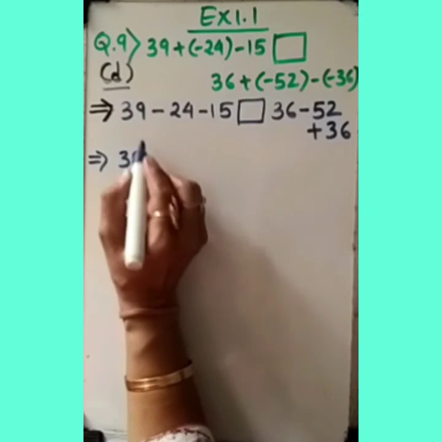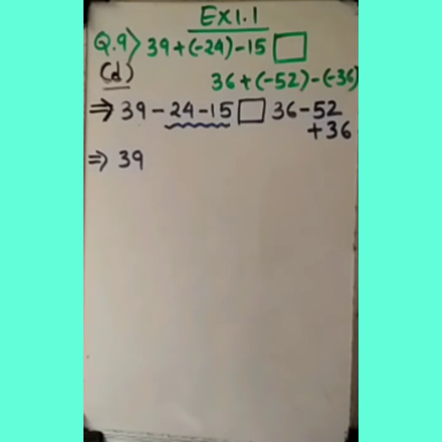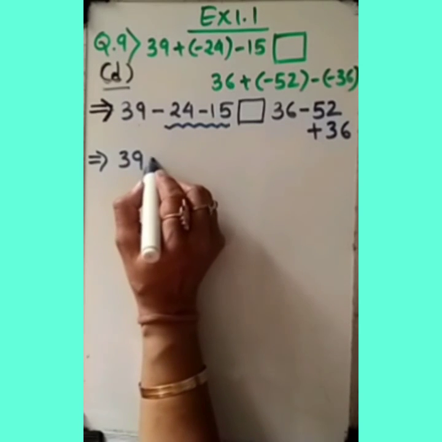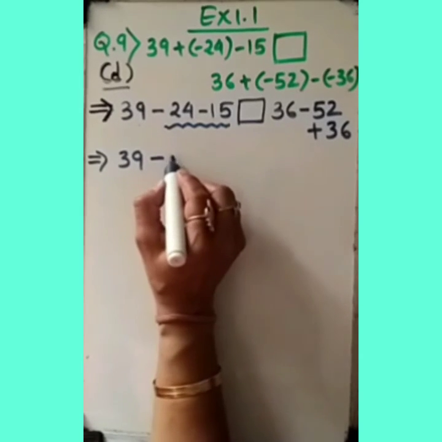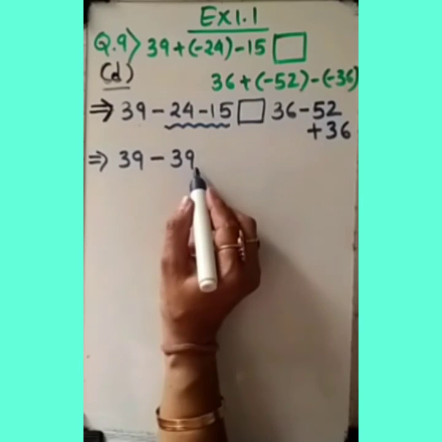39 is alone positive. The rest two numbers are both negative, so we need to add them and put the sign minus. The sum of both of these numbers is 39.